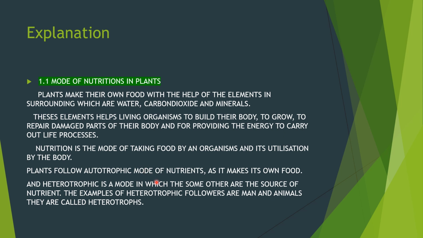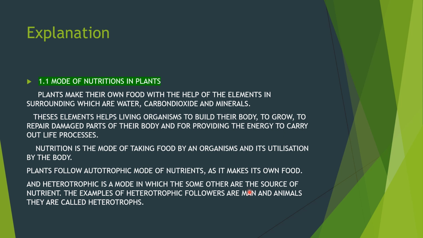Plants are autotrophic in their mode of nutrition, as they make food on their own with just light and other elements. Heterotrophic is the mode of nutrition in which the organism cannot make food on its own.